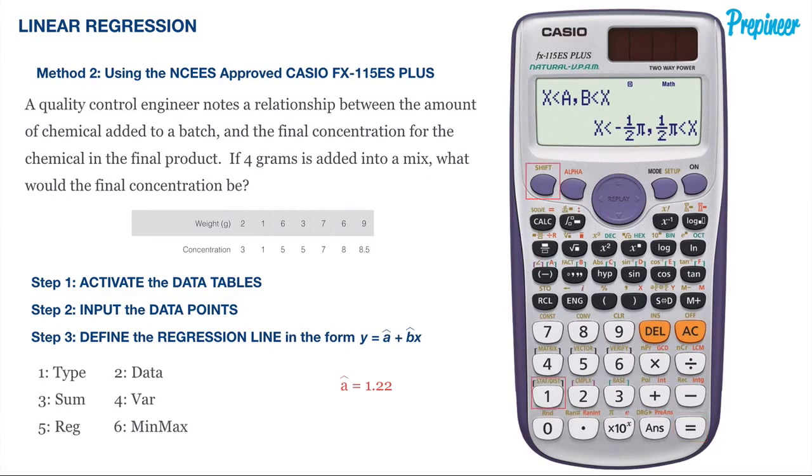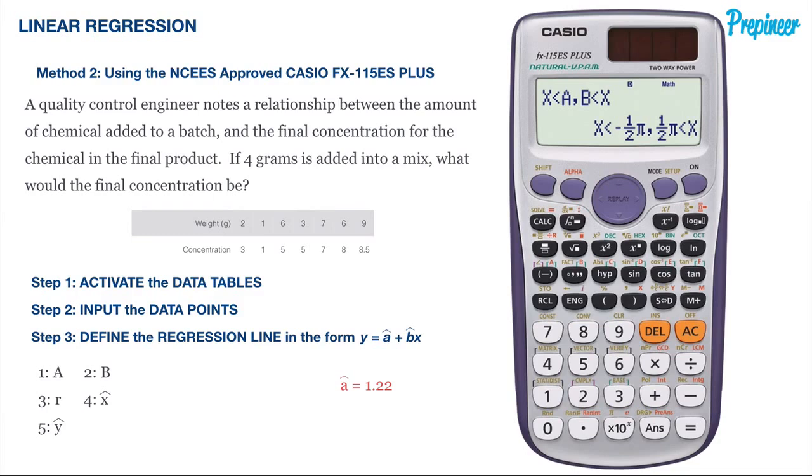We now need to determine the variable B. To do this, let's click that Shift button and that 1 button again to activate the stat distribution functionality. We'll be brought back to the same menu as we were before. Here we're going to press 5 for regression. We'll be back to our list of metrics.